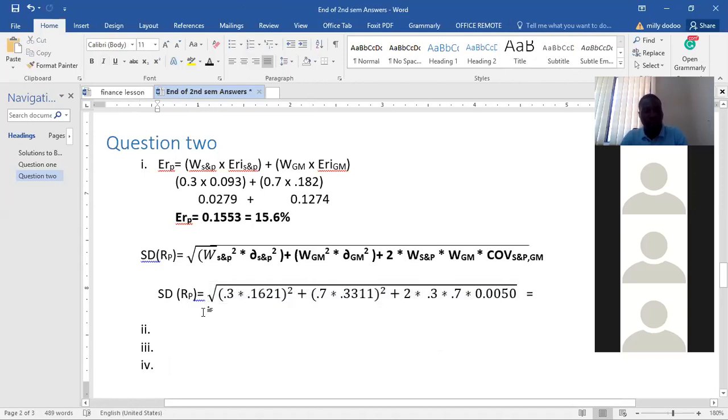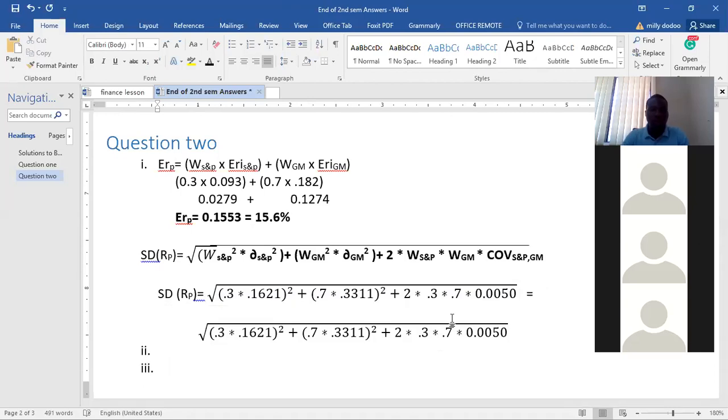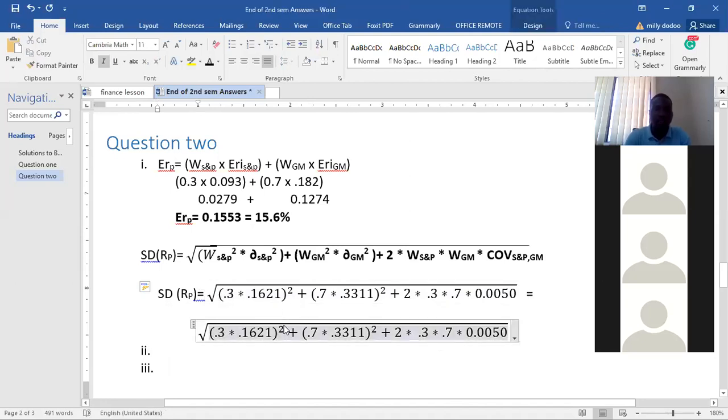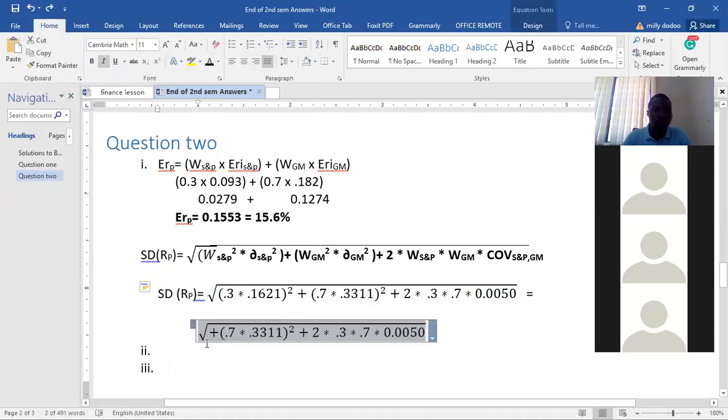If you come to the next step, your next step is when you multiply 0.3 by 16.21 raised to the power 2, how much are you getting? 0.3 multiplied by 0.1621 all squared. How much are you getting?